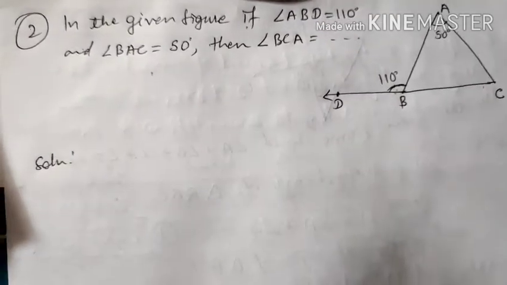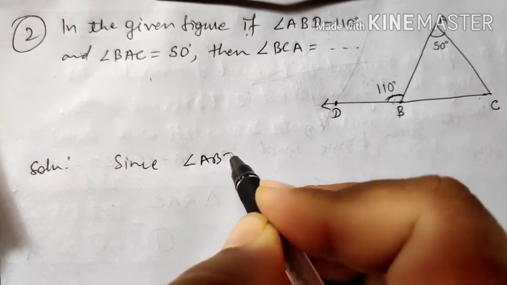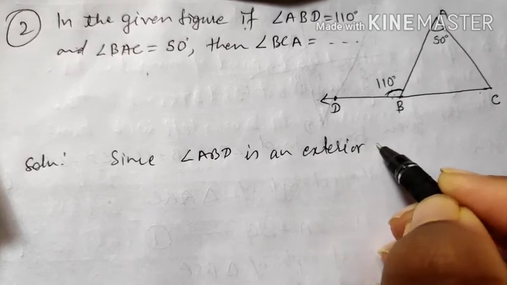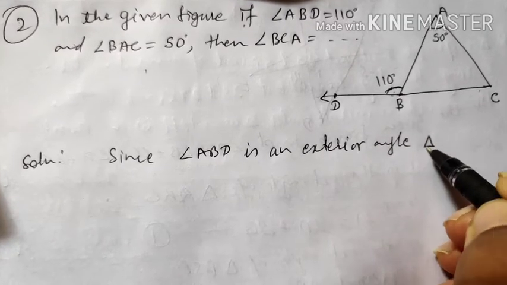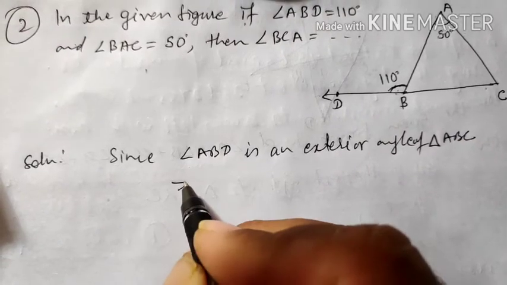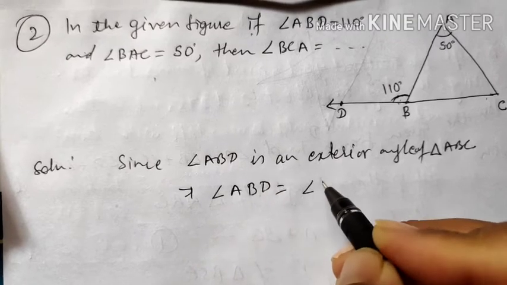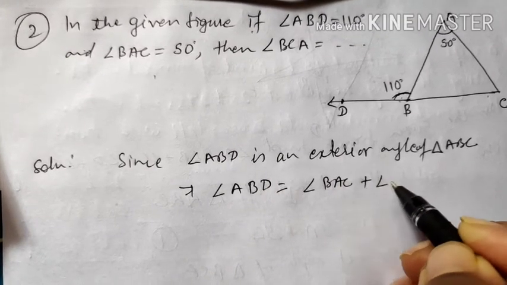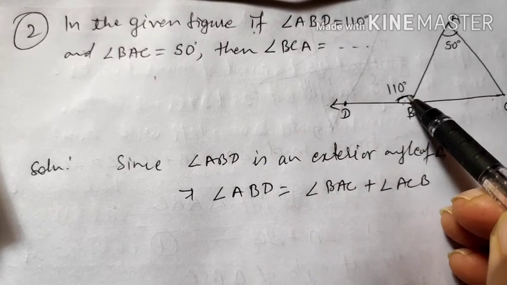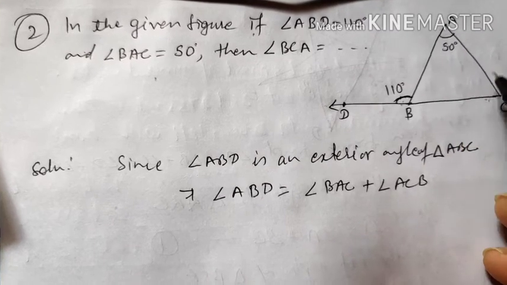So we write: since angle ABD is an exterior angle of triangle ABC, this implies angle ABD must equal angle BAC plus angle ACB, that is, the exterior angle must equal the sum of its two interior opposite angles.